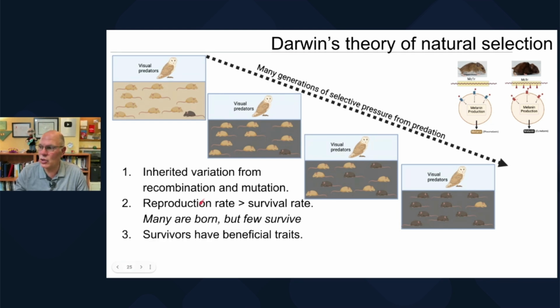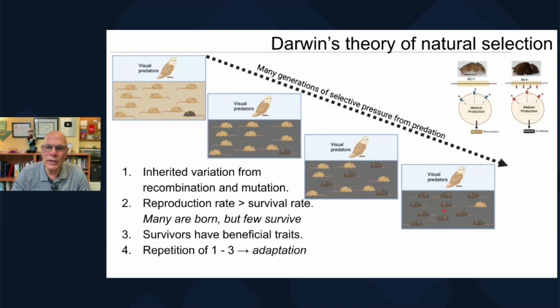And what that leads to is some competition between the offspring, and the survivors have beneficial traits. Who survives? In this case, on the dark-colored rocks, the survivors are the mice that have the dark color. And if you repeat that process generation after generation, you wind up with an adaptation that spreads throughout the population.